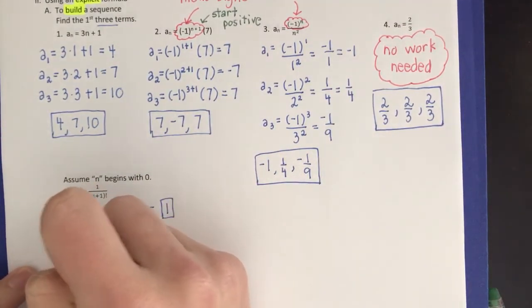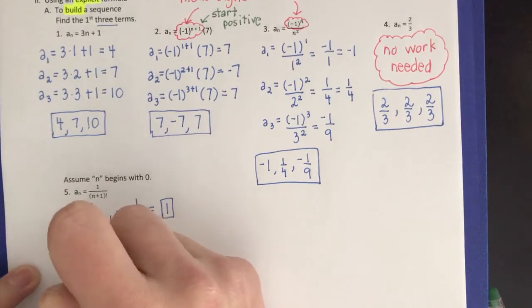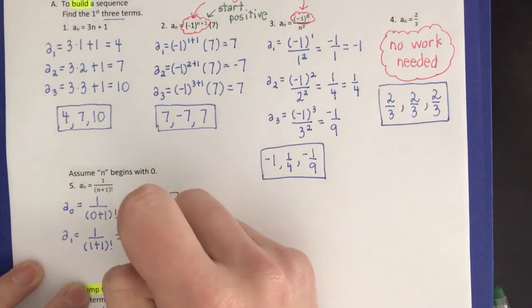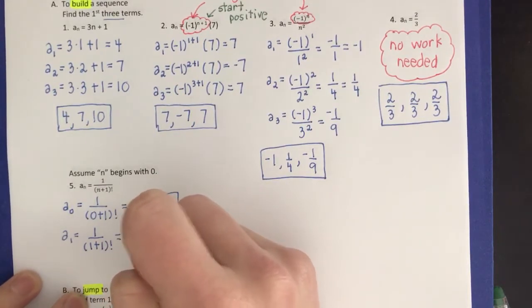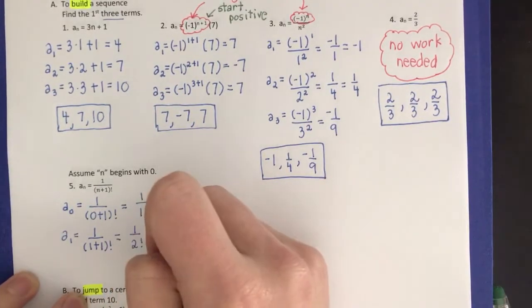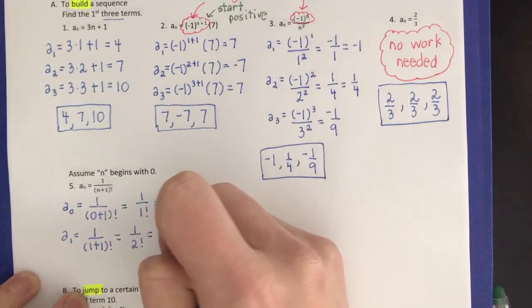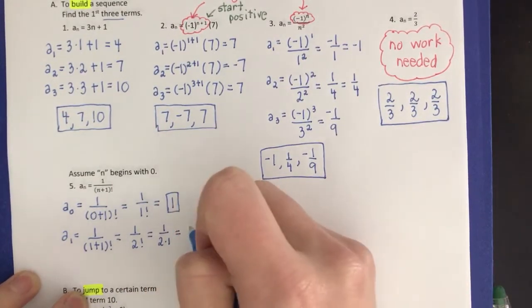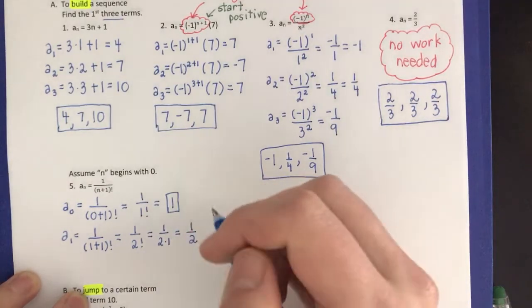So then a sub 1 is going to be 1 over 1 plus 1 factorial, which will be 1 over 2 factorial, which, as I'm sure you already know, is just 2 times 1. So, of course, that's going to be 1/2.